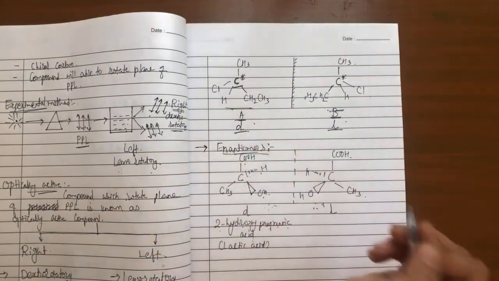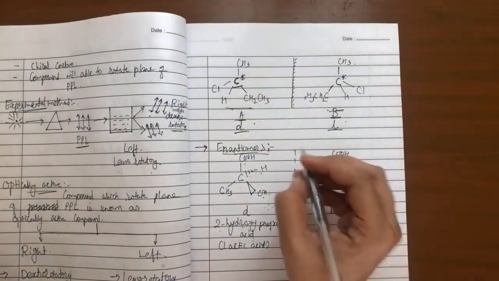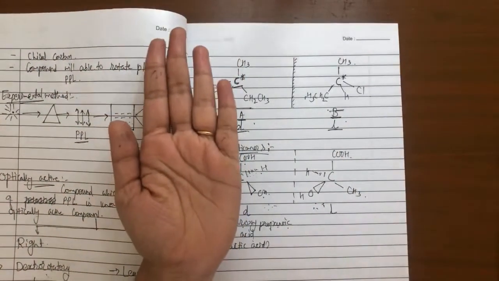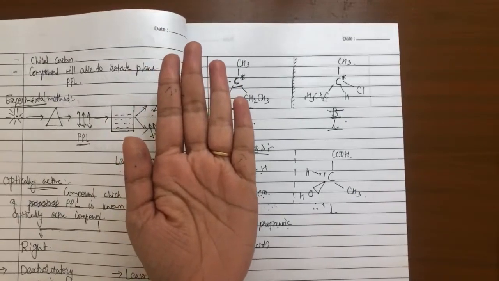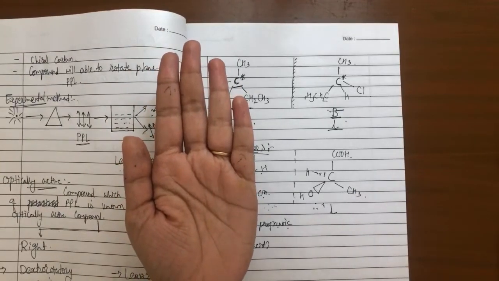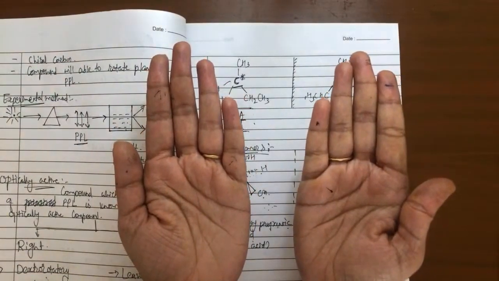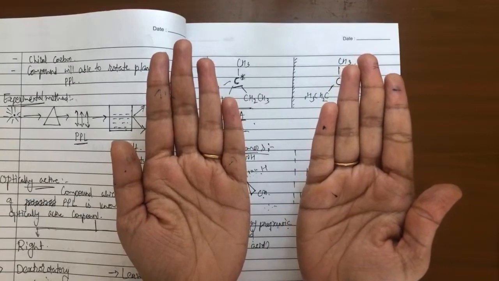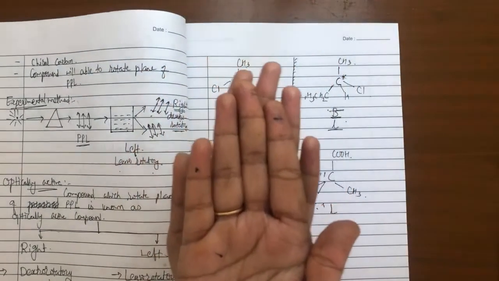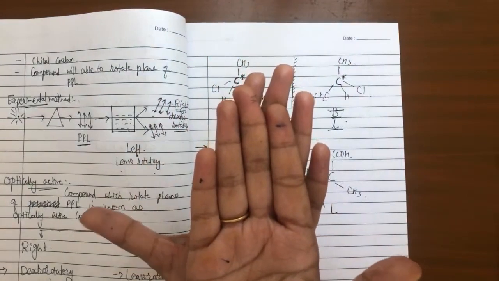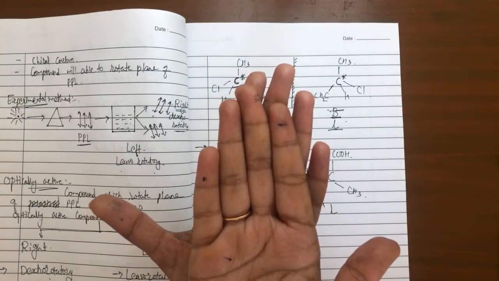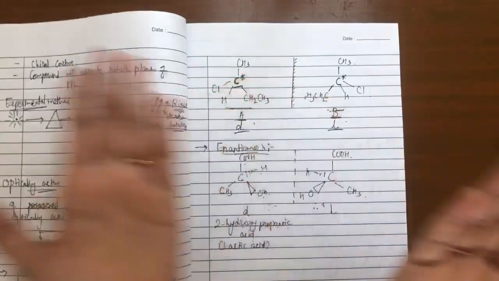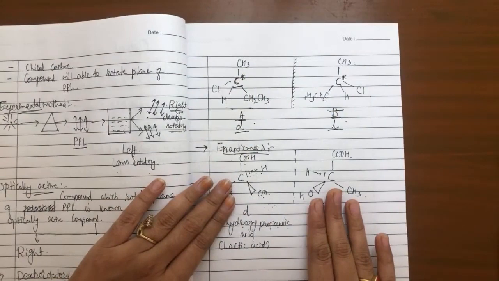If I have to define enantiomers, see, if I keep my two hands, and if I have a mirror in between, this is the mirror image of the hand I will get. So my two hands are also enantiomers. Now if I want to superimpose them, they are non-superimposable. On the opposite side I'm getting my two thumbs. Same way, these two are mirror images.